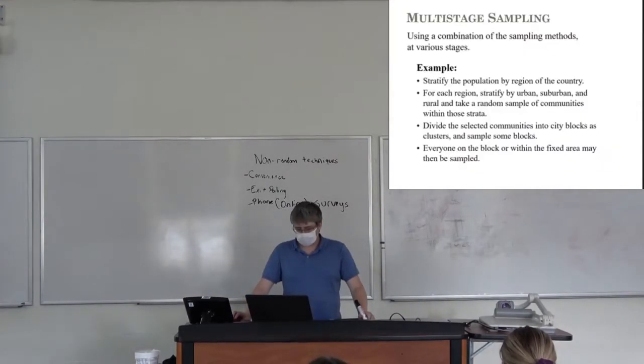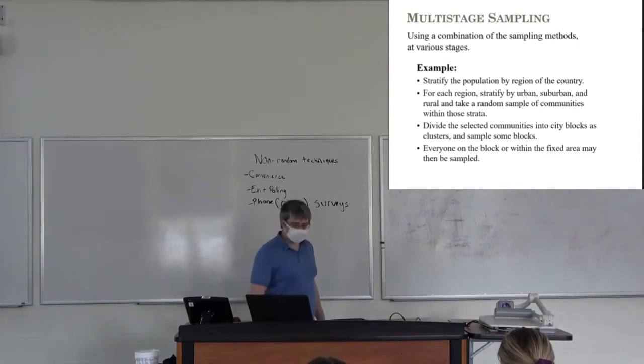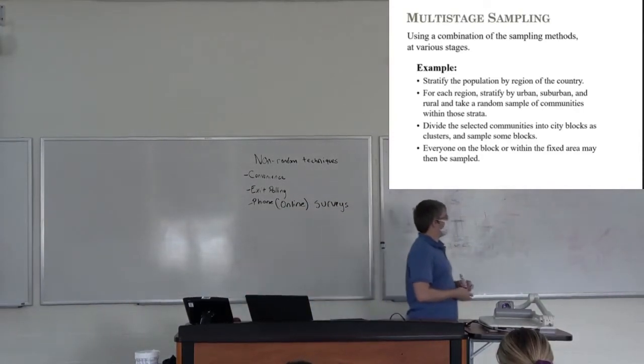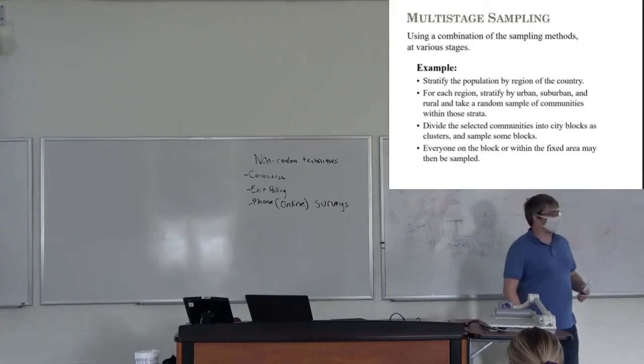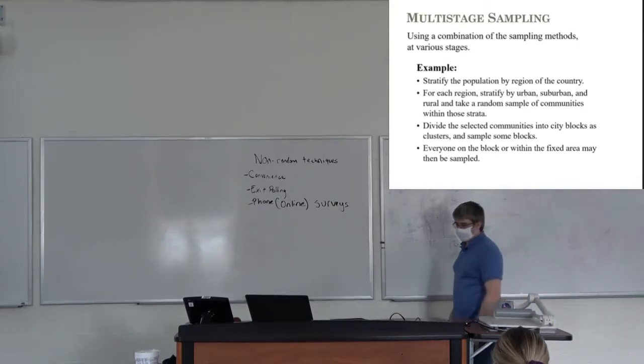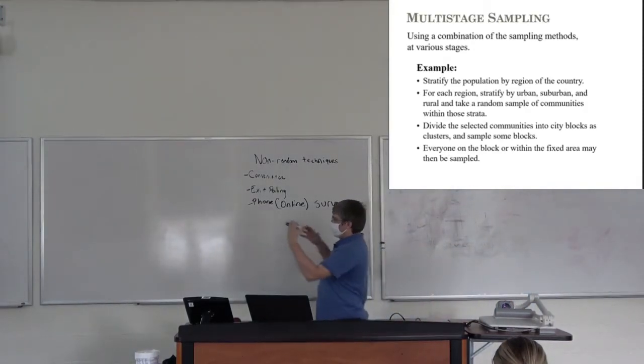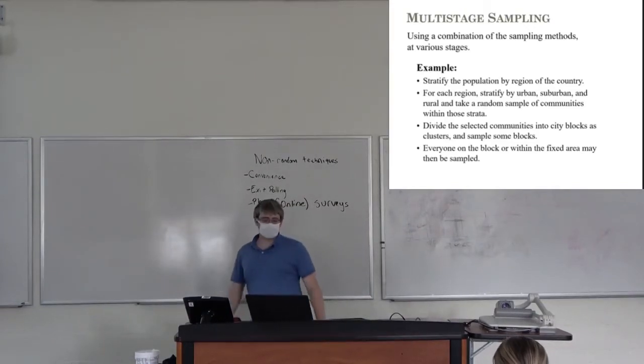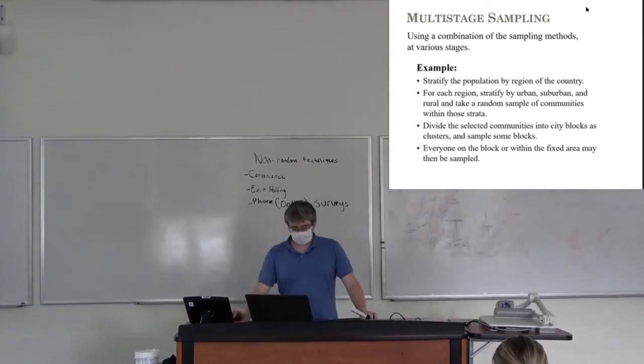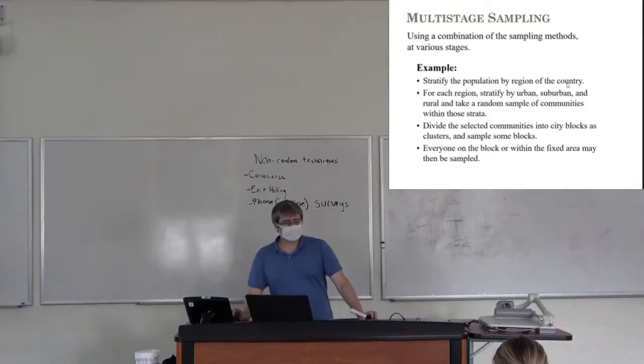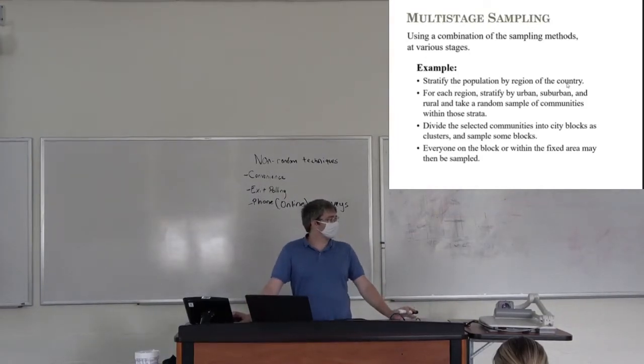All right. There's also a combination of different techniques called multi-stage sampling. Basically what I want you to get out of this is that you can combine different sampling frameworks together. Like I have here, I want to stratify the population by region of the country, so doing something like cluster, but involving some stratification as well.